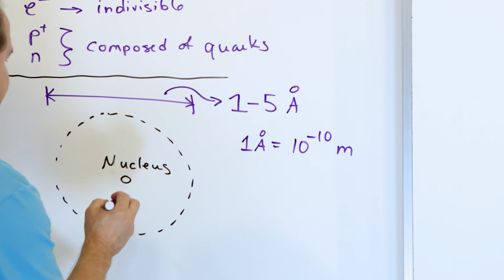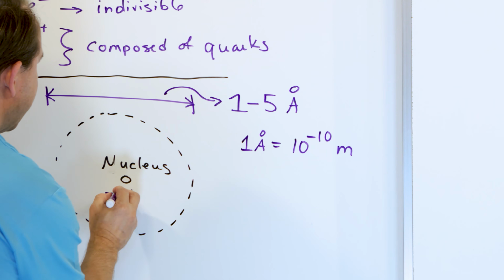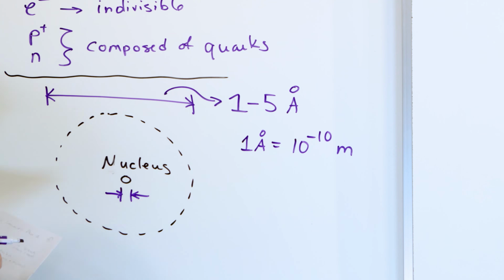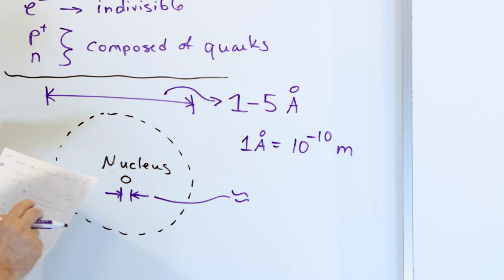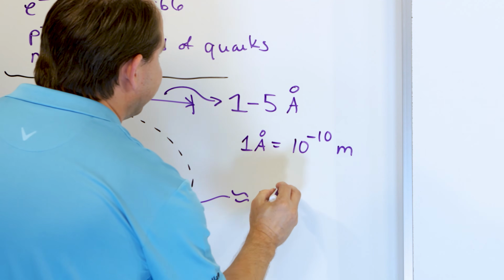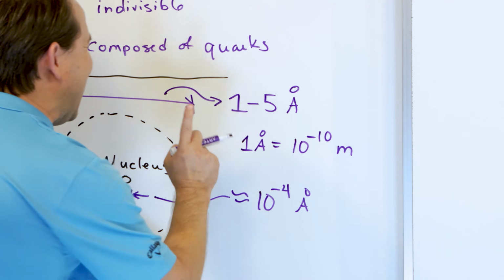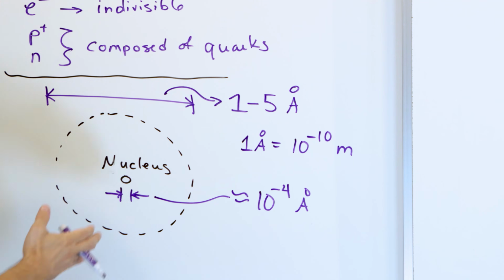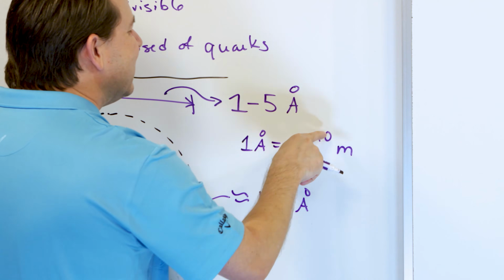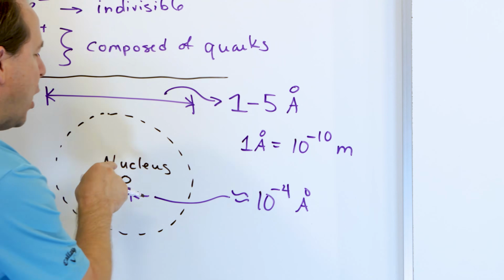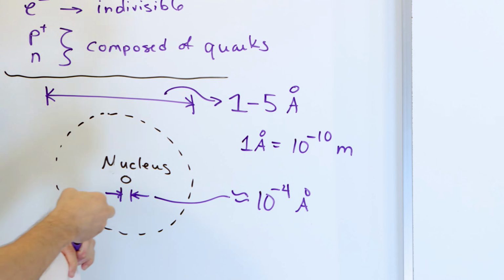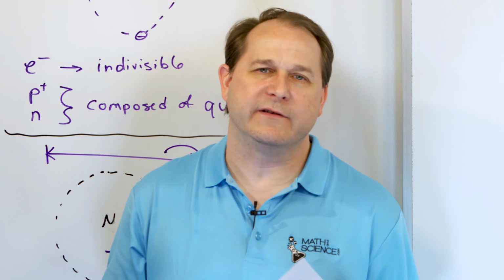I'll put some arrows here illustrating the width of the nucleus, which is on the order of, approximately, 10 to the minus 4 angstroms. So the atom itself is incredibly small, 1 to 5 angstroms, where an angstrom is less than a billionth of a meter, but the nucleus is thousands of times smaller than even the size of the atom.